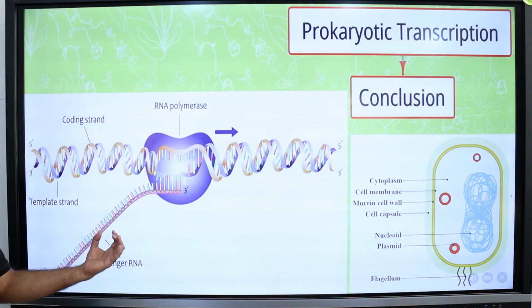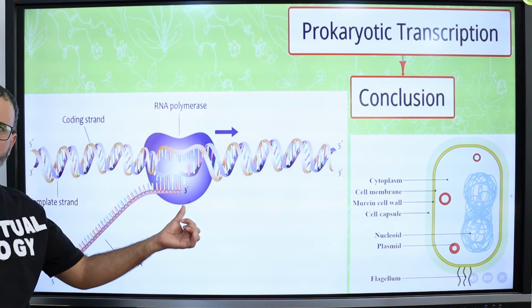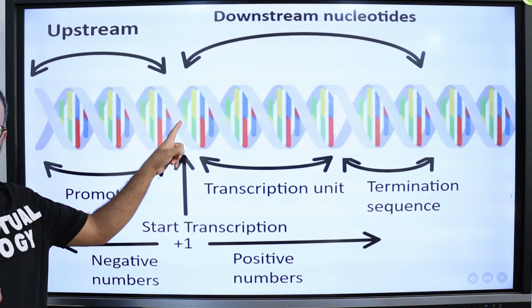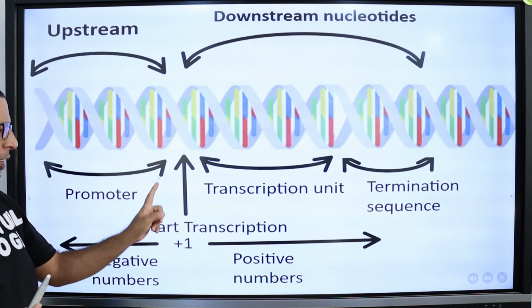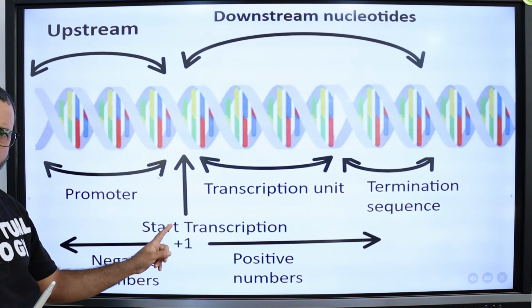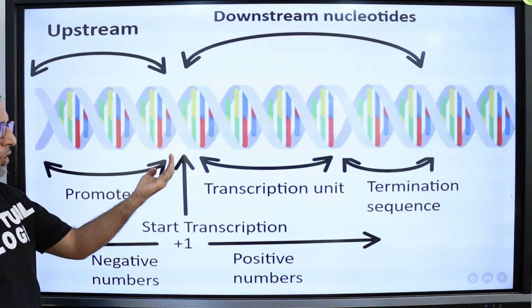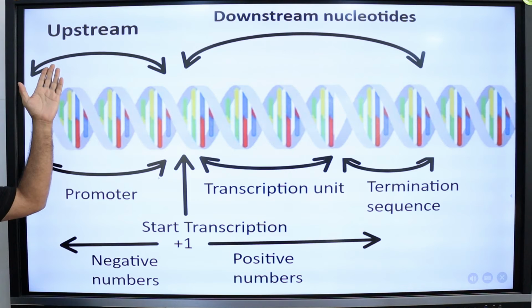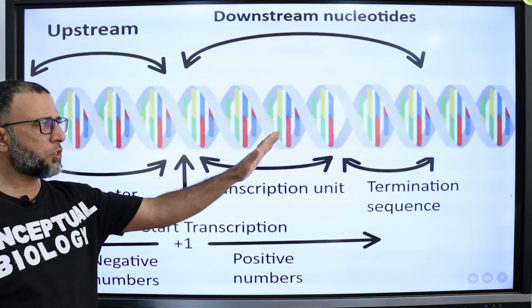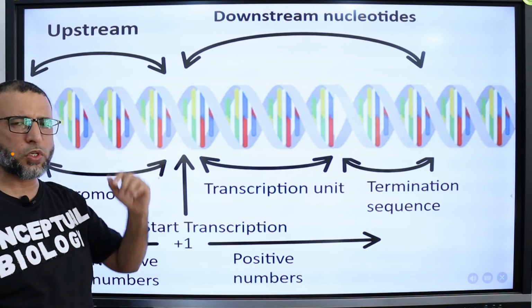The mRNA molecule is synthesized from 5' to 3', and the nucleotide pair in the DNA where transcription starts is called the +1 site, also known as the initiation site. Nucleotides preceding the initiation site are called upstream nucleotides and the nucleotides following the initiation site are called downstream nucleotides.